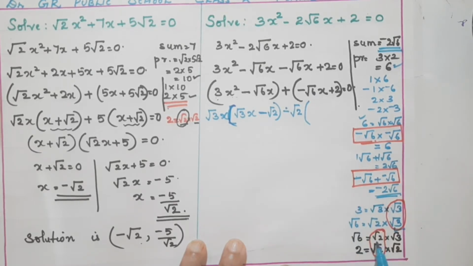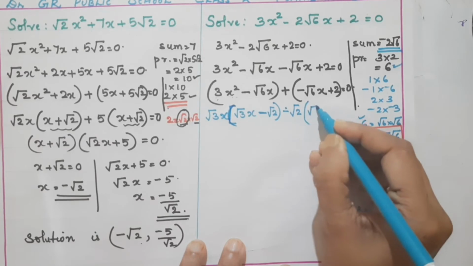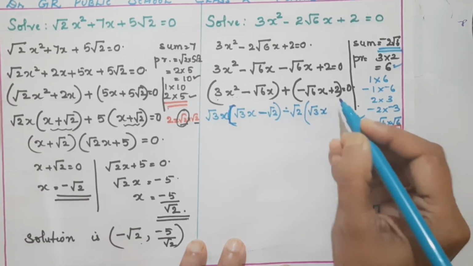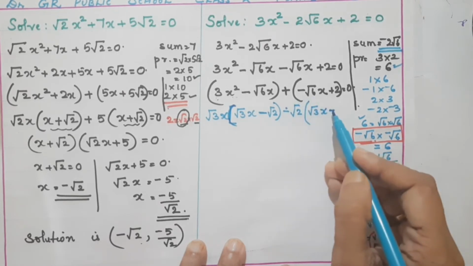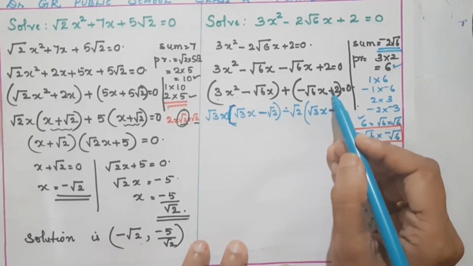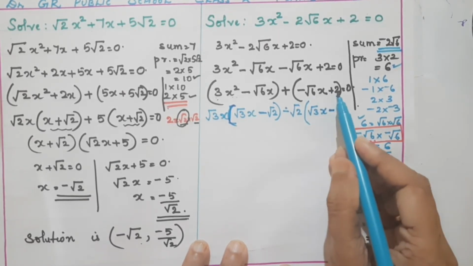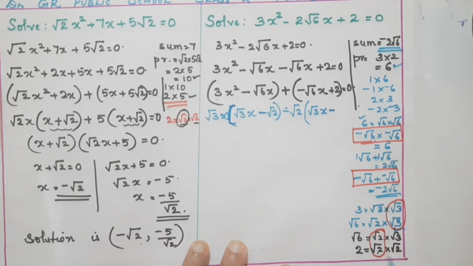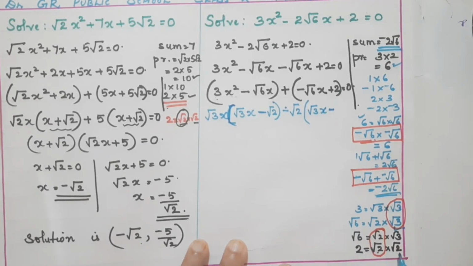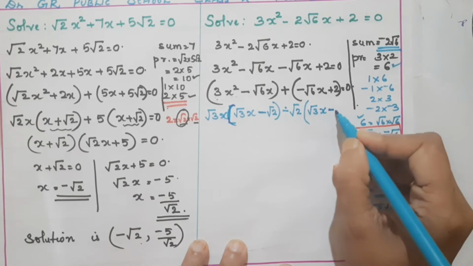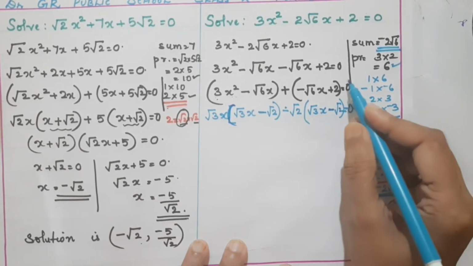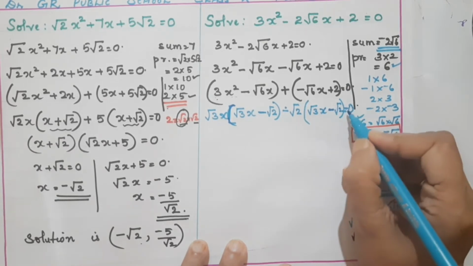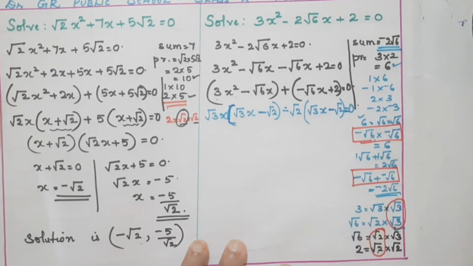So what is remaining? Root 2 we have taken. So root 3x. This will become minus, then only negative into negative, here positive. Then from 2 we have taken root 2. So what is remaining? Root 2 is remaining. So it is root 2 equal to 0. Don't forget to put this equal to 0.